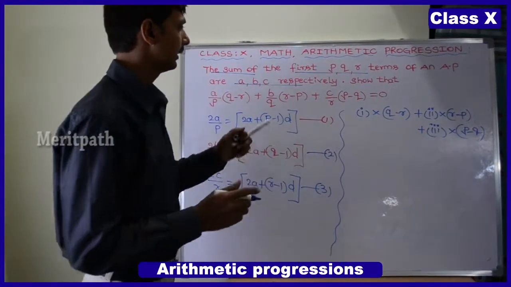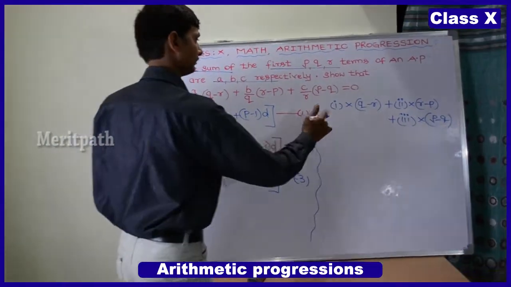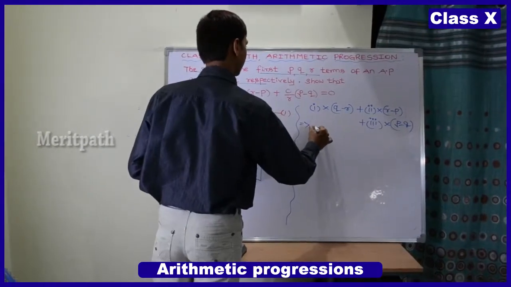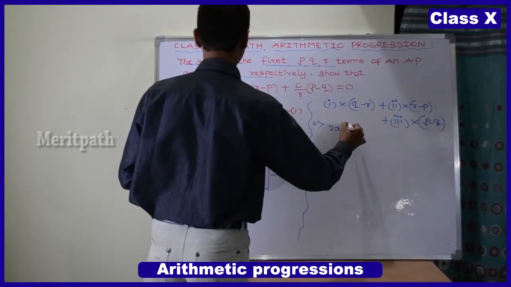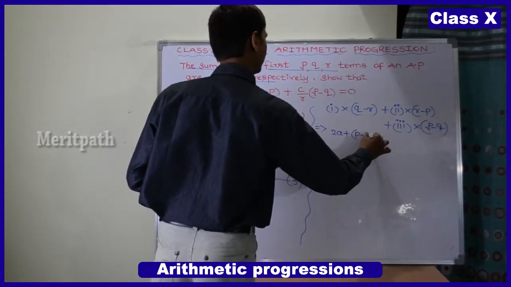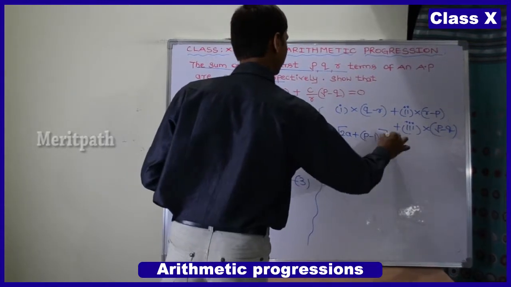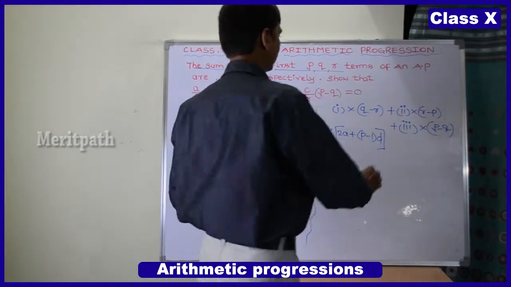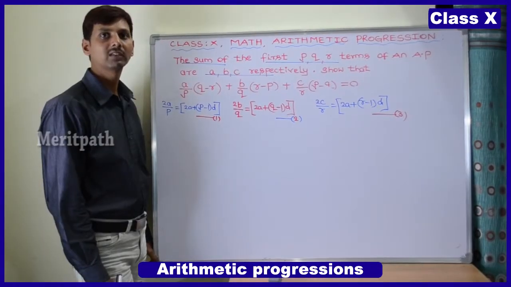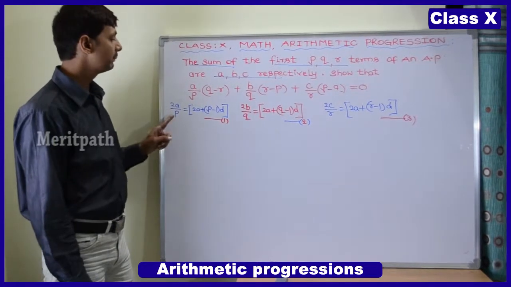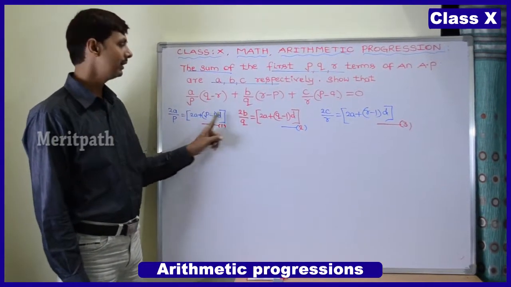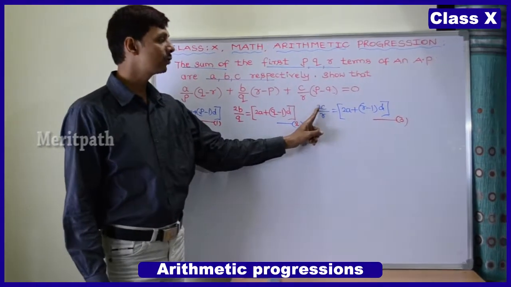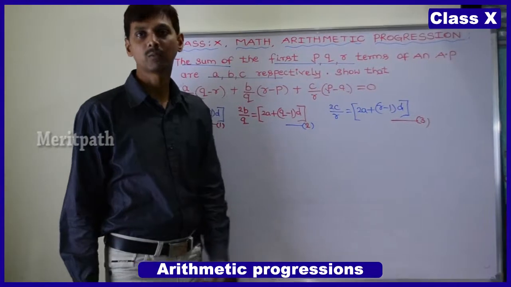The first equation, 2a plus p minus 1 into d, is multiplied with q minus r. We have three equations: 2a by p is equal to 2a plus p minus 1 into d, 2b by q is equal to 2a plus q minus 1 into d, and the third is 2c by r is equal to 2a plus r minus 1 into d.